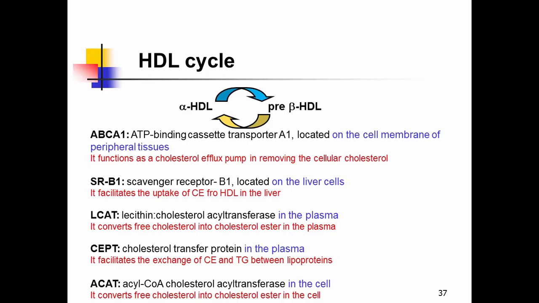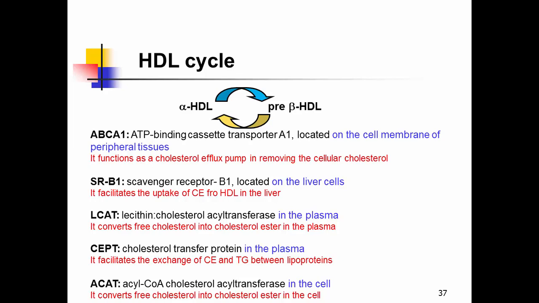ABCA1 is the ATP binding cassette transporter A1. This is a lipid transporter located on the cell membrane of peripheral tissues, like the cell membrane of macrophages or the artery wall.